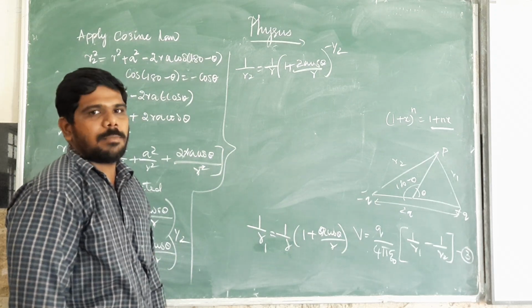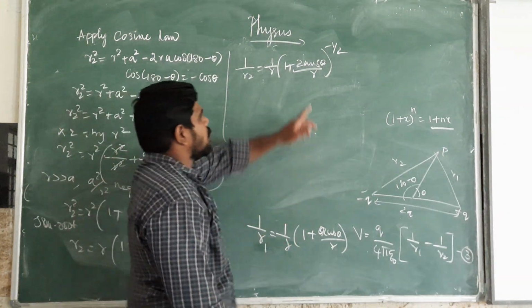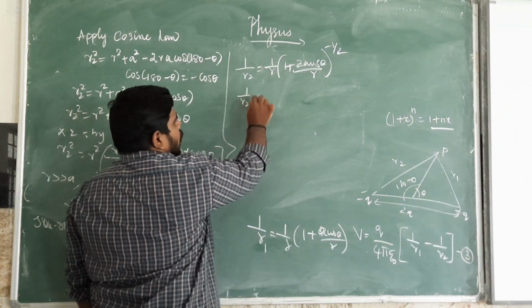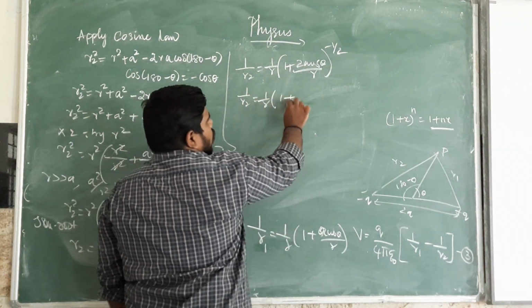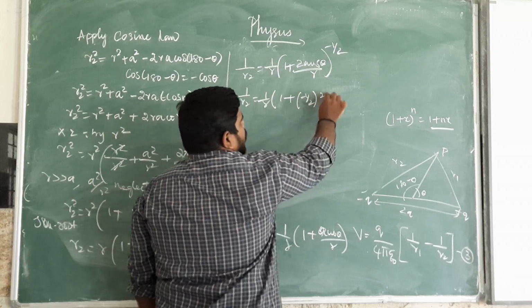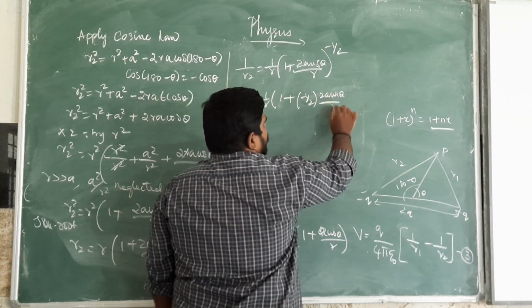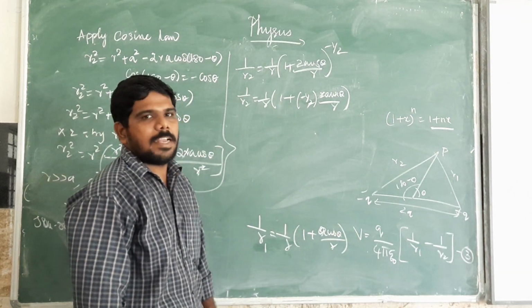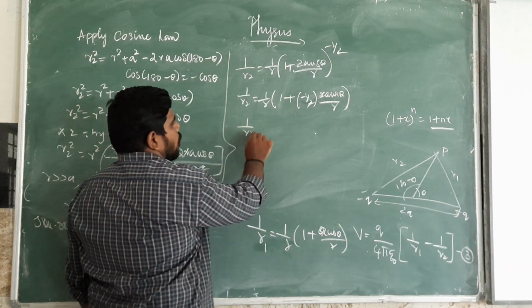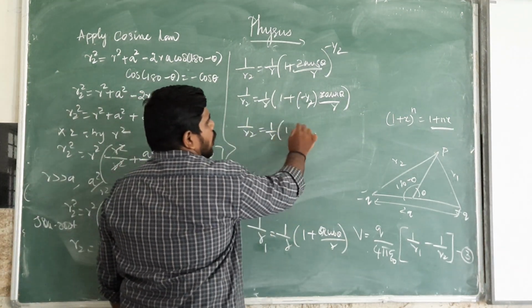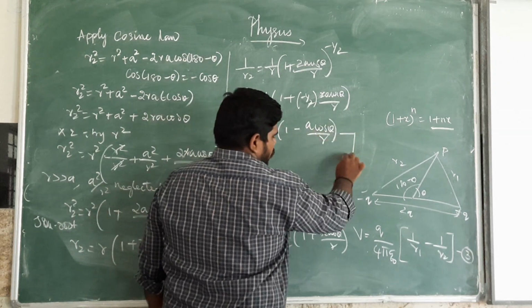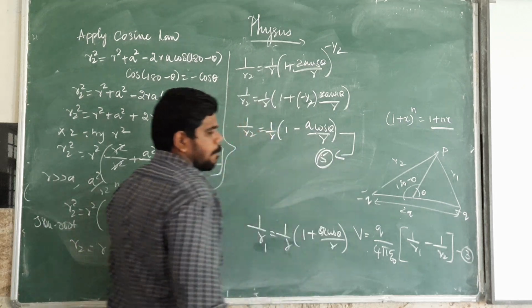Then the binomial theorem: before the second term it should be multiplied by the power. So 1 by R2 is equal to 1 by R into 1 plus minus 1 by 2 into 2a cos theta by R. The 2 cancels, and plus into minus is minus. So 1 by R2 is equal to 1 by R into 1 minus a cos theta by R. This will be equation number 5.